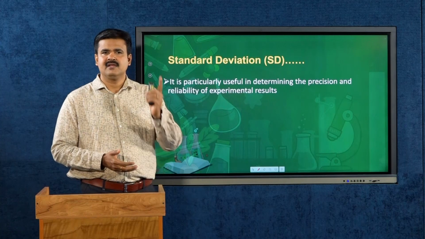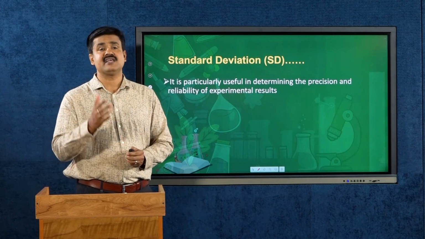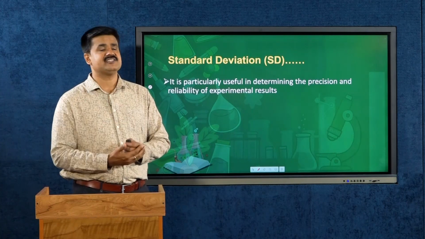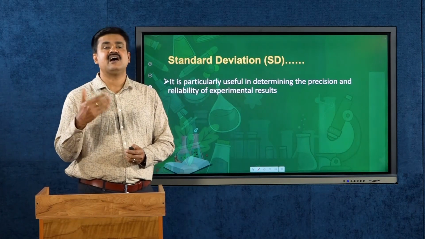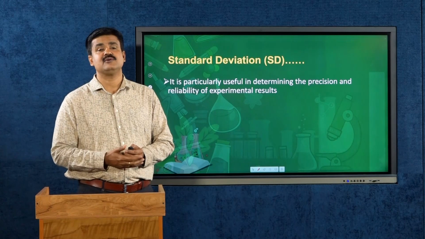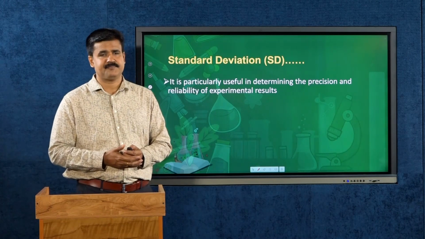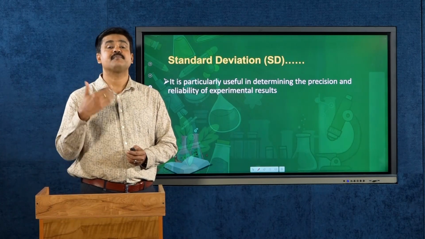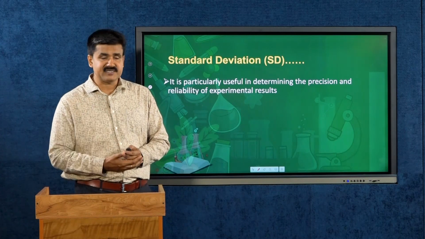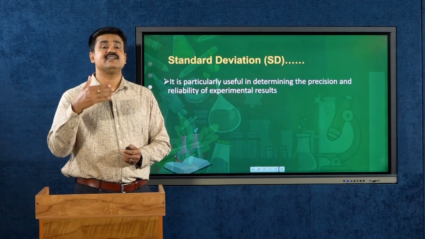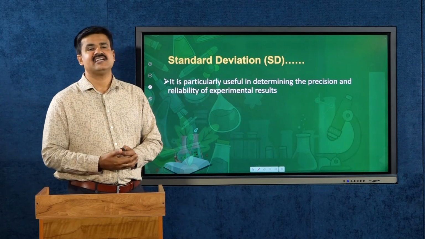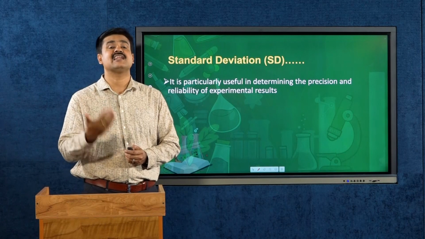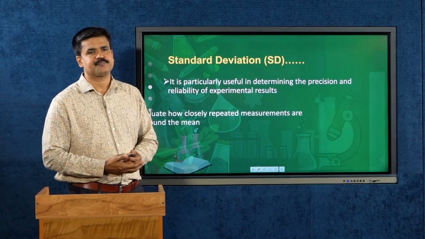The standard deviation is highly useful in determining the precision and hence the reliability of experimental results. Precision simply indicates the repeatability of values in a set of measurements.